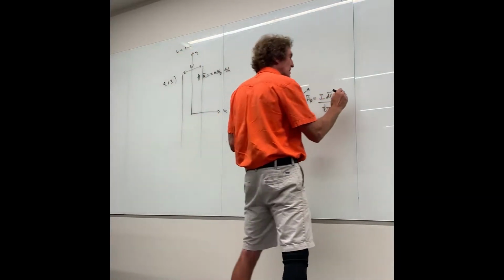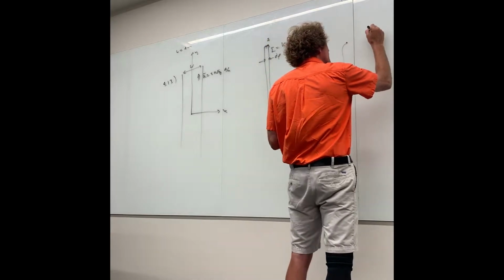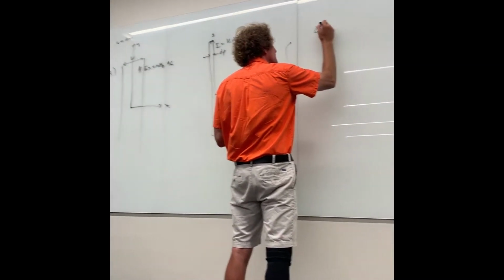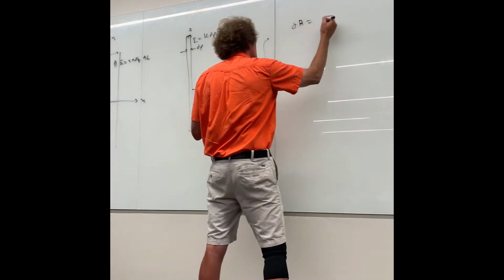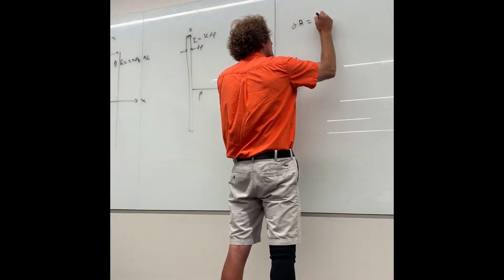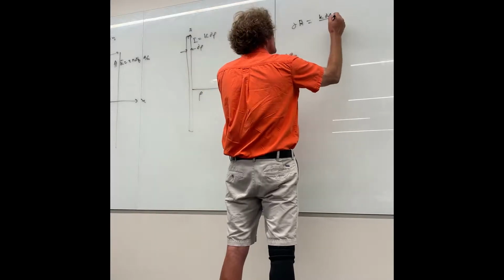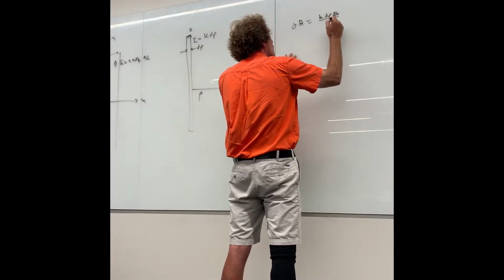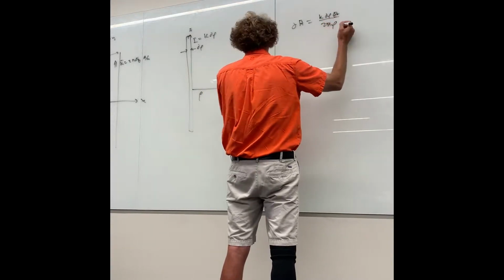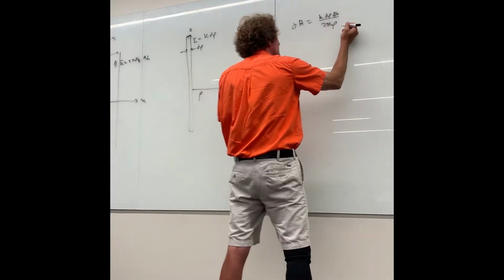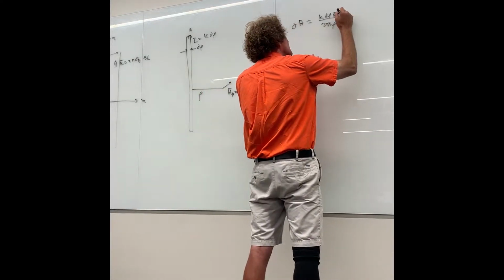So let me say the differential H field, and I'm not even going to say it's the phi direction anymore, would be equal to K times d rho, and there's a vector sense to this, a_z, over 2 pi rho, where rho again is the perpendicular distance, a_z crossed into a_rho.